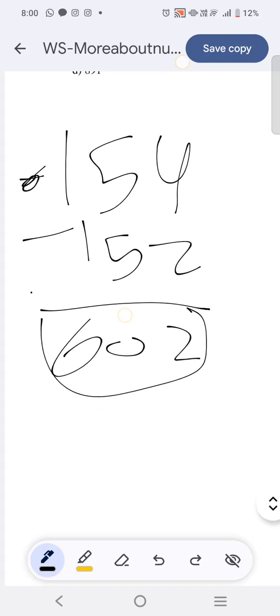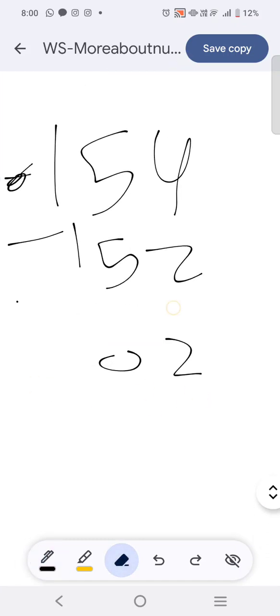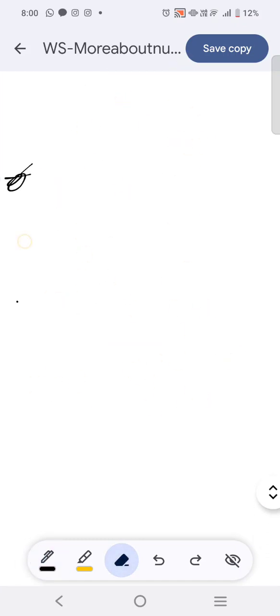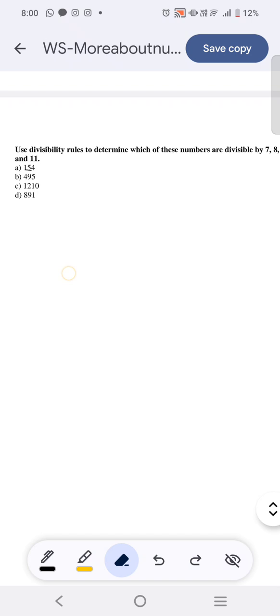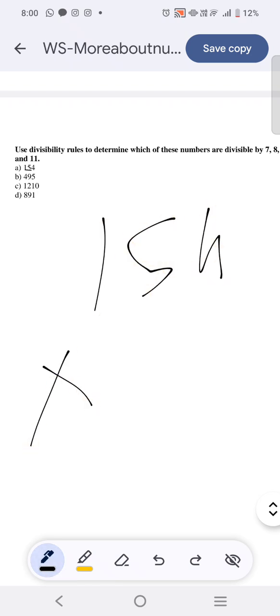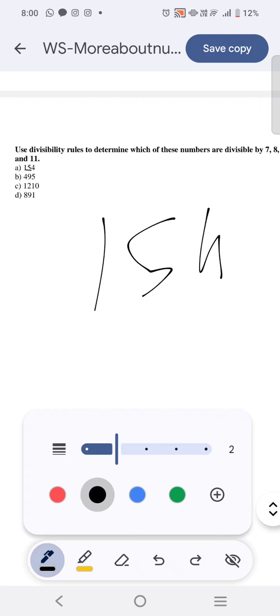We are doing it in this way because it's easier and more convenient, because in the other form there will be mistakes. Okay, so the remainder is 2, which means that it's not completely divisible. 154 is not completely divisible, not completely divisible.